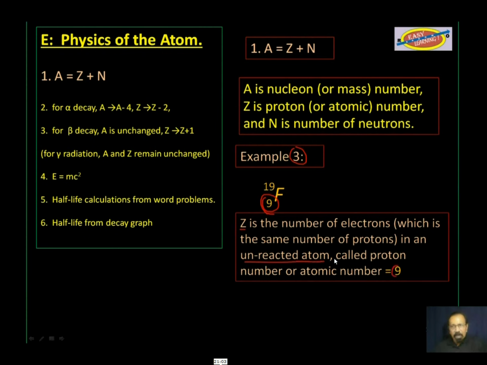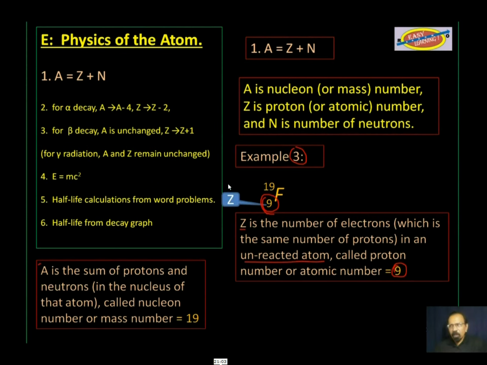So you have 9 protons in the nucleus and 9 electrons around it. That is Z. A is the sum of the protons and neutrons. It is called the nucleon number, meaning the total number of items in the nucleus. So it is the sum of the protons and neutrons. So you have 19 here.